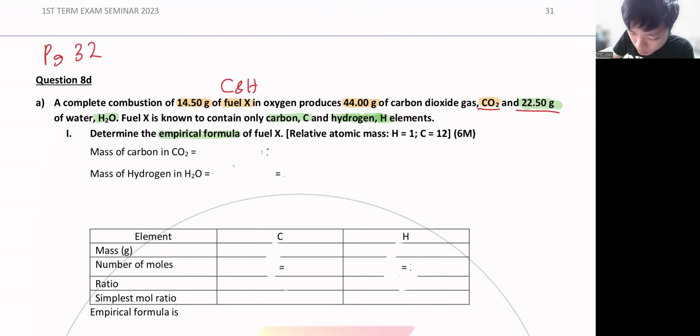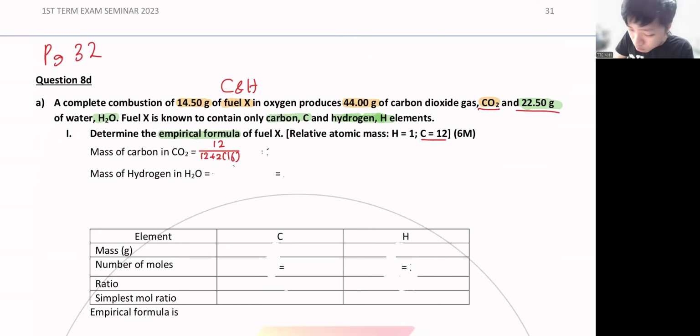I'll show you. One carbon is 12, the relative atomic mass. Then the bottom is the total, 12 plus 2 times 16.